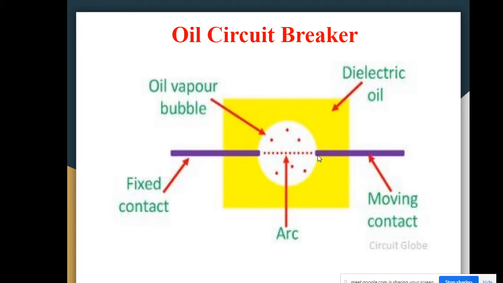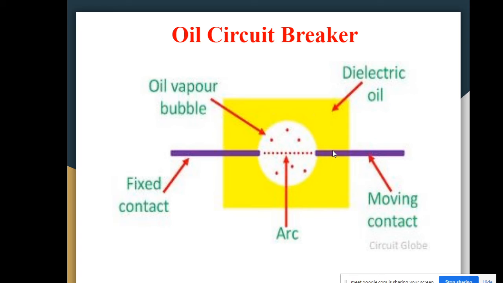So here what is happening, as we saw in yesterday's and the day before yesterday's classes, the operation of the circuit breaker, and these are the fixed and moving contacts. Under the normal condition, what is the status of these contacts? Closed positions, right.